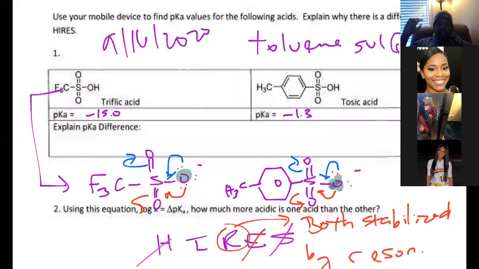So that is induction in a nutshell. You have an electronegative atom or group of atoms close to a charge that's able to delocalize it by creating a dipole or some polarity. Is that right? Yes.